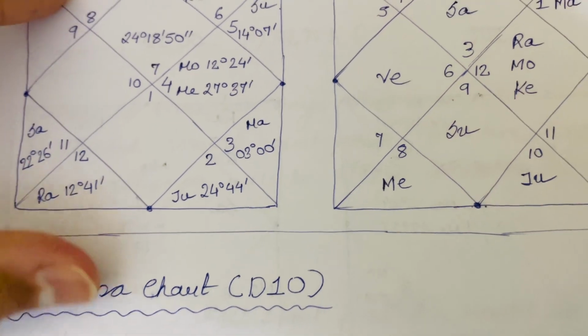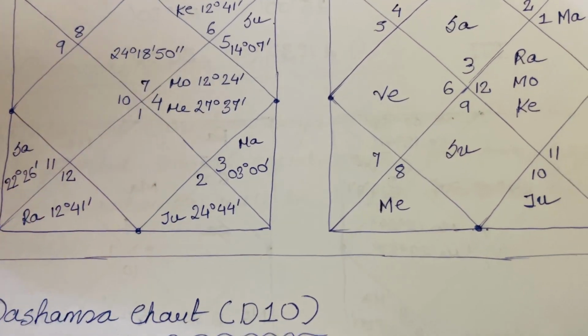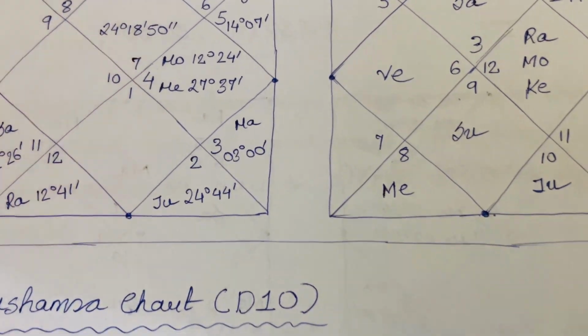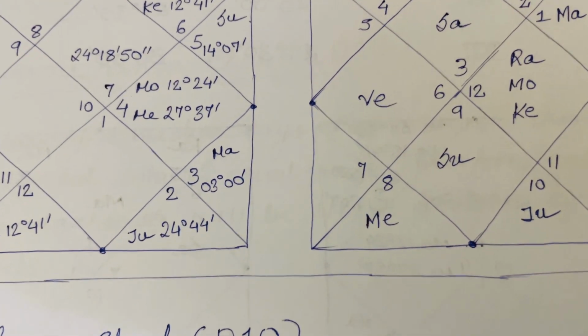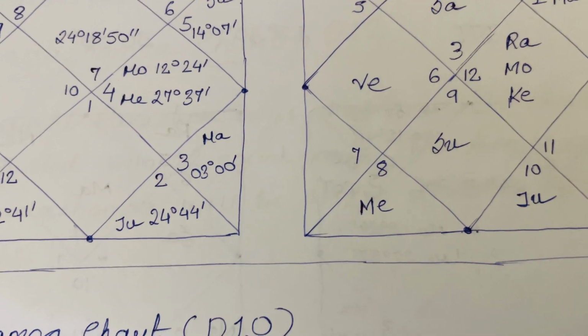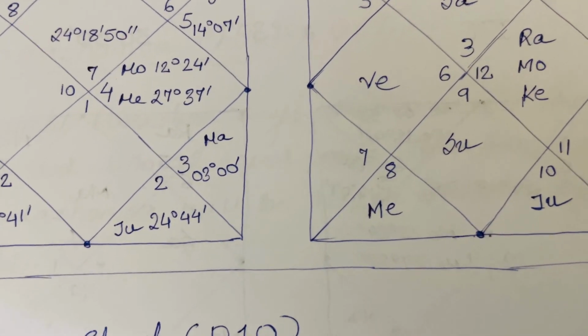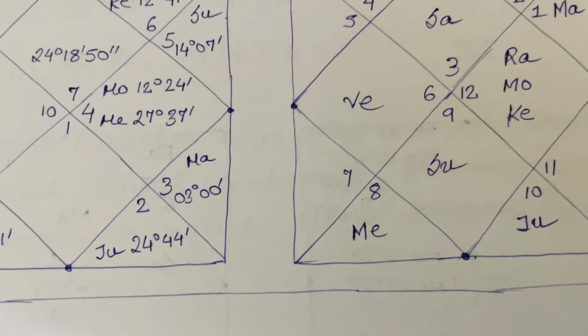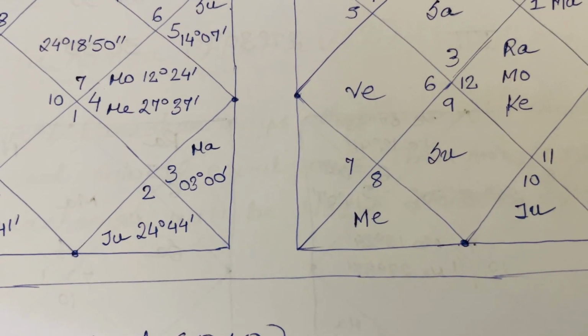this particular birth chart we had manually calculated, right? So we are dealing with a birth detail that is 31st of August 2024, 11:25 a.m. IST, that is the time of birth, and the place of birth is Delhi.